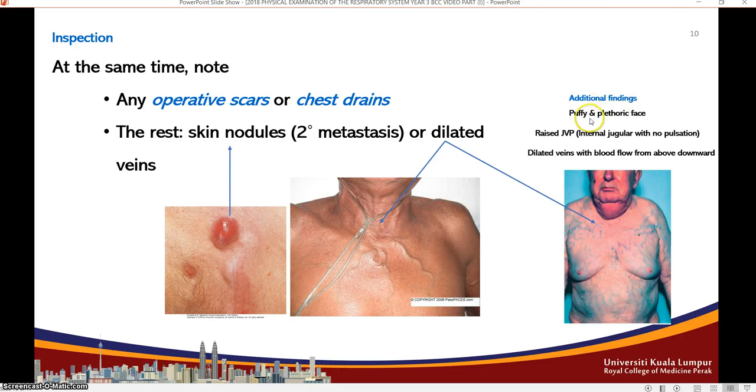Additional findings are a puffy and plethoric face, raised JVP, that is internal jugular vein, but no pulsation. Dilated veins with the blood flow from above downwards.